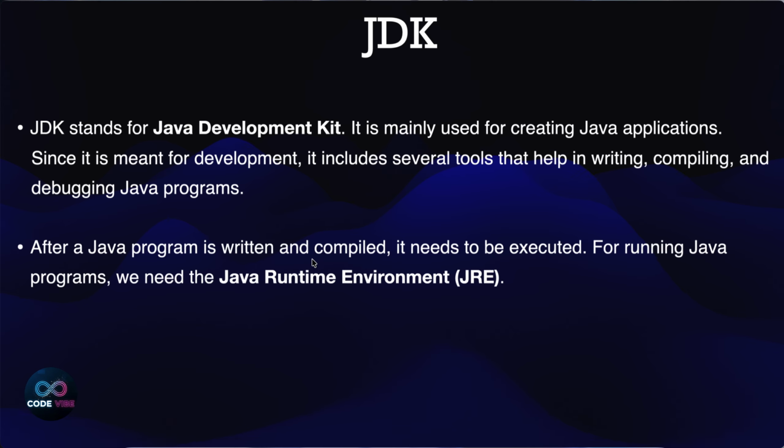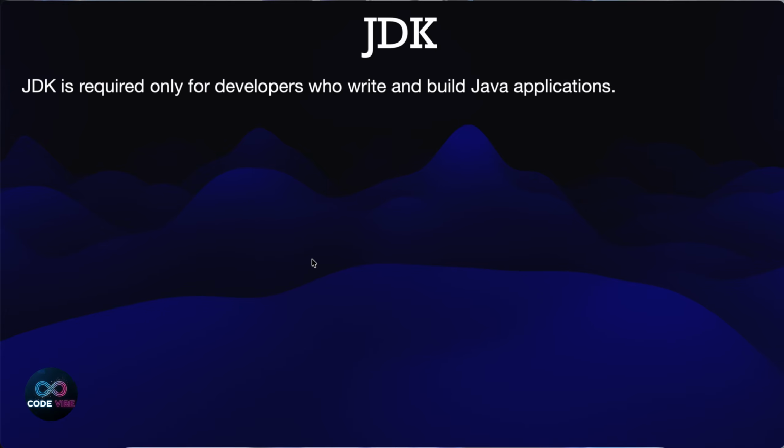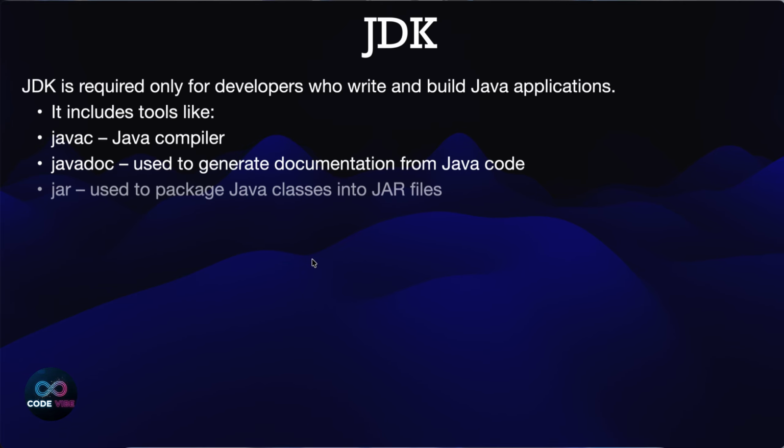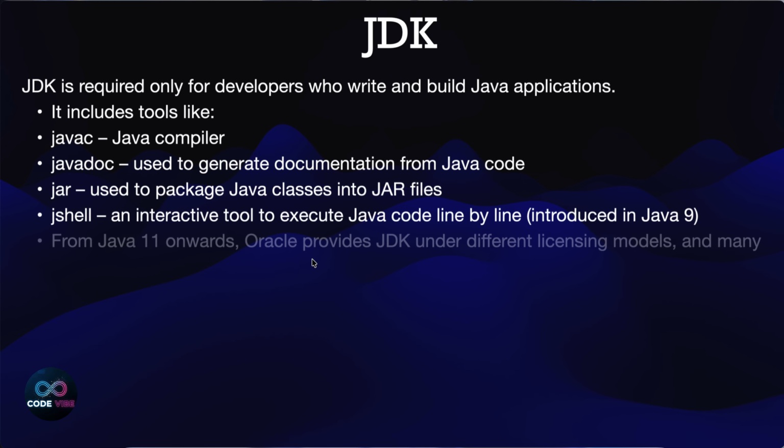After a Java program is written and compiled, it needs to be executed. For running Java programs, we need the Java runtime environment. Moreover, JDK is required only for developers who write and build Java programs. It includes tools like Javac, which is a Java compiler, Javadoc, Jar, which is used to package Java classes into Jar files, JShell.